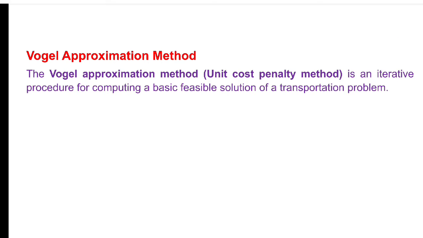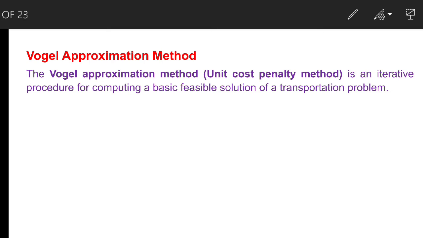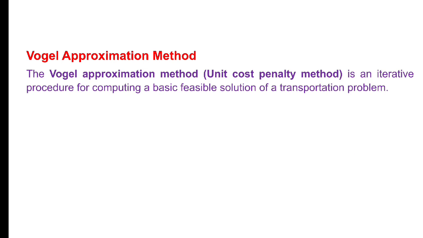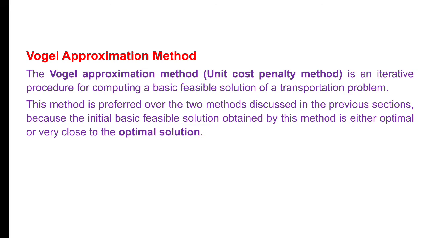It is an iterative procedure for computing a basic feasible solution of a transportation problem. This method is preferred over the two methods discussed in the previous sections because the initial basic feasible solution obtained by this method is either optimal or very close to the optimal solution.